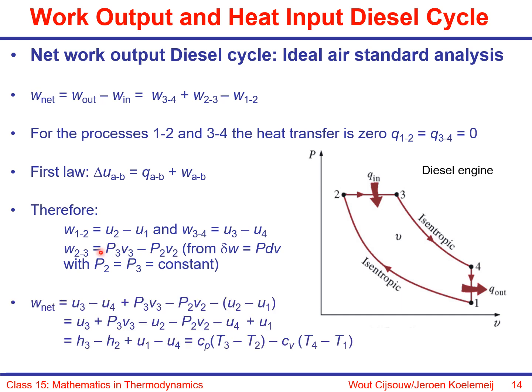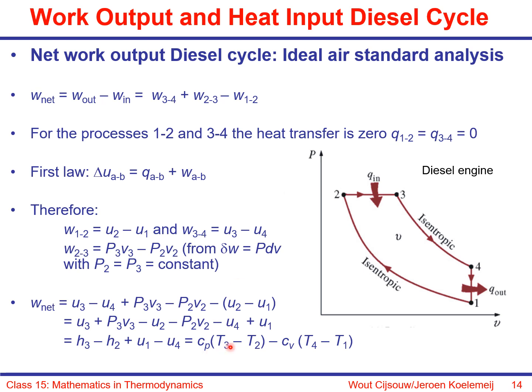That makes it easier in this step to regroup the terms and express some of them in terms of enthalpy again. Some will stay in the form of internal energies, and it turns out that the net work that comes out is a term that's Cp times T3 minus T2. That has to do with the combustion. And there is the term that has to do with the heat rejection here.